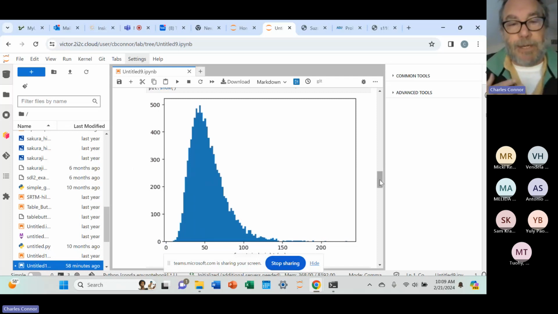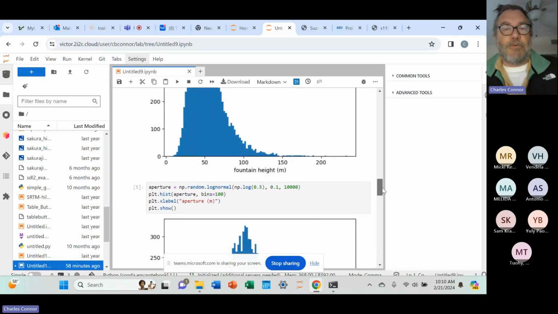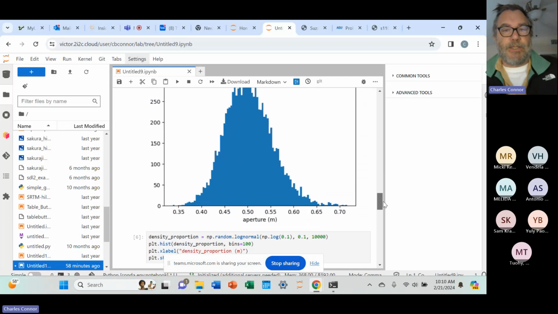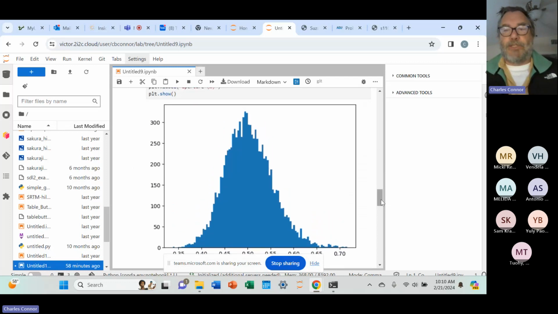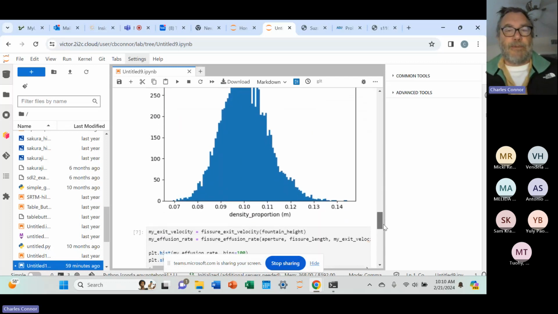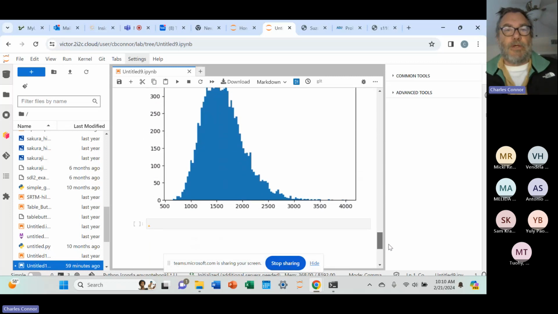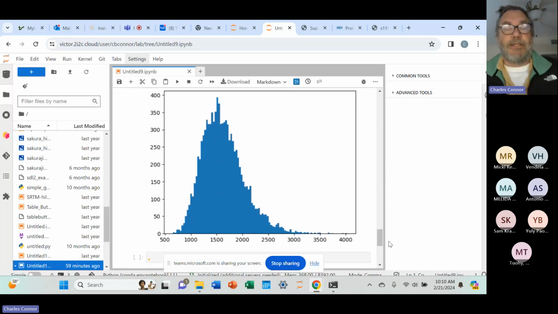And of course, there's measurement error in determining the fountain height as well. Then we had uncertainty in the aperture diameter, and we could propagate that through the equation to ultimately get uncertainty in the effusion rate in cubic meters per second. I posted a more detailed notebook in the Box folder, which you can check out.